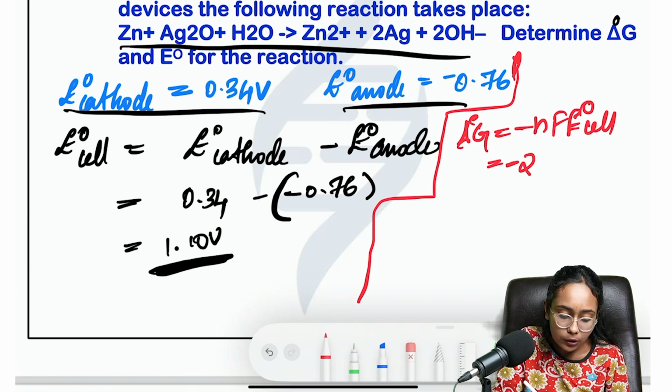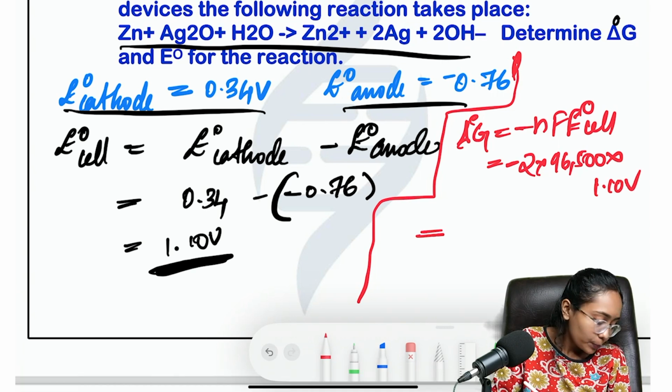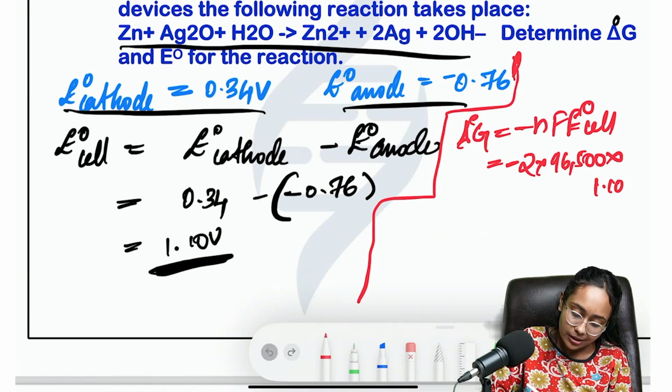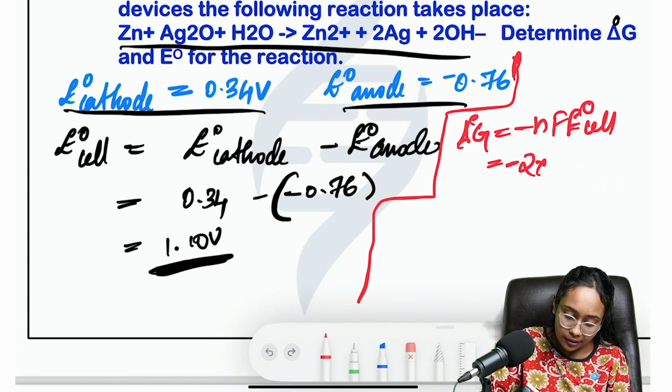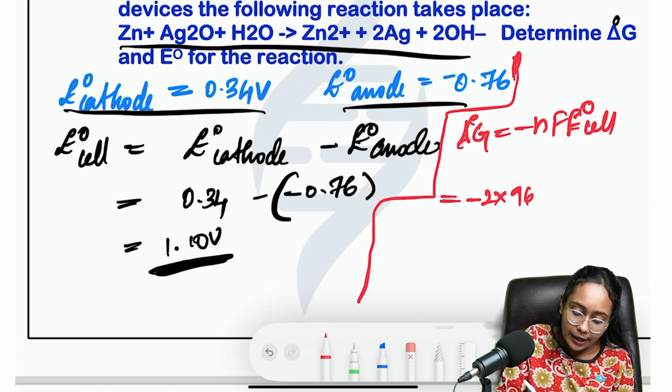And here n equals 2, and substituting 96500 into 1.10 volt, you will get minus 2 into 96500 into 1.1 volt.